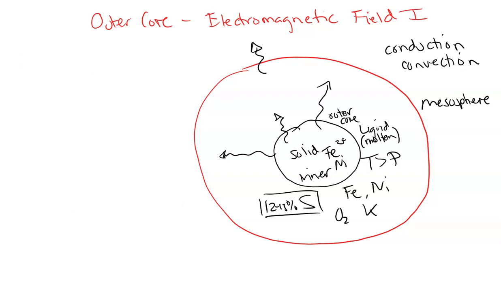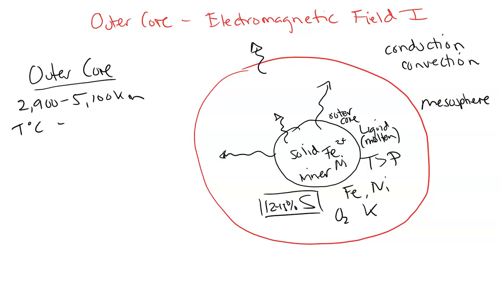So imagine the outer core as a place that is superheated, between the depths of 2,900 to 5,100 kilometers, at temperatures of between 2,500 degrees Celsius up to a maximum of 5,000 or above. This is way beyond all of the known minerals' melting points.